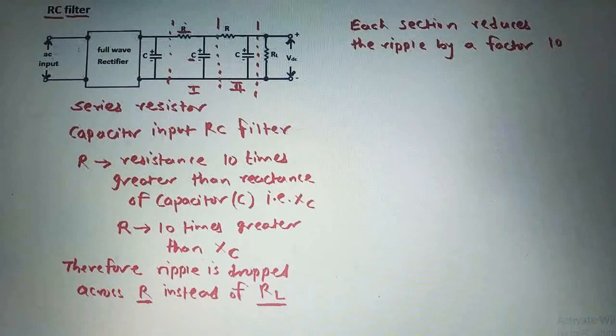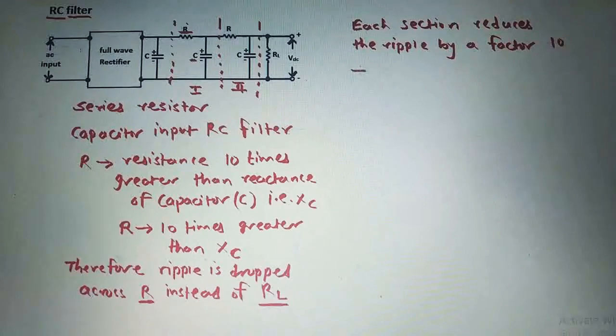So see here in this circuit diagram, there are two sections. As the resistance of this resistor R is 10 times greater than the capacitive reactance Xc, because of that, each section reduces the ripple by a factor of at least 10.